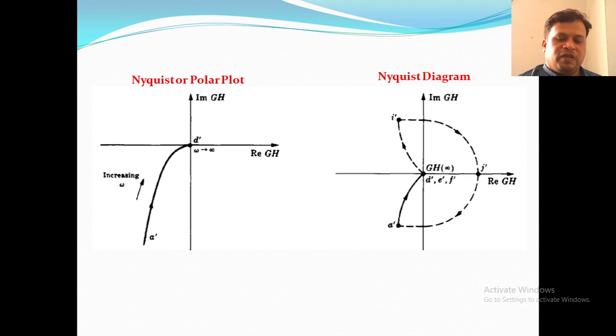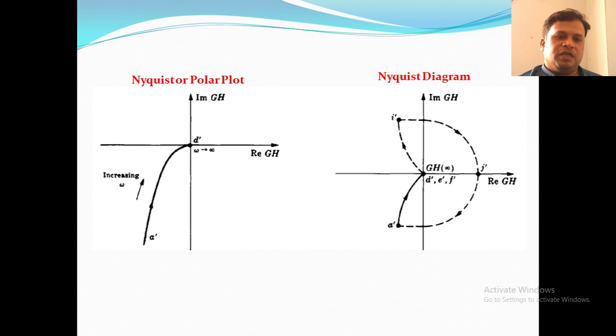So this is the Nyquist plot and this is the diagram. In the Nyquist diagram you can see that the real part of the G of H function has the points D dash, E dash and F dash, and A dash, I dash and J dash here. Like we have the Nyquist plot, we can plot the polar plot and also draw the Nyquist diagram if it is asked.